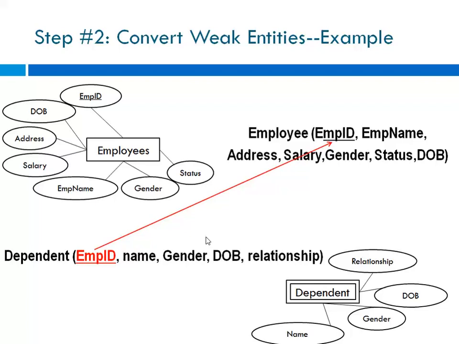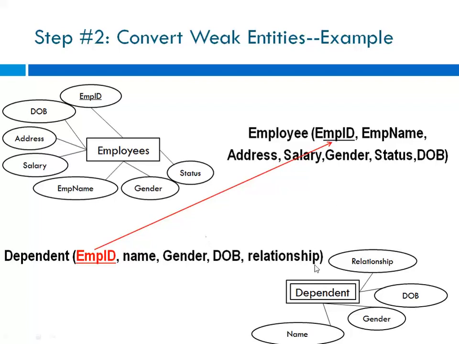So how we have done here is that in the employees table we have employee ID as the primary key. So we just take it and we add the primary key of the employees table into the dependent table as a foreign key, and the rest of the attributes, the relationship, date of birth, gender and name, will be added just like a strong entity.